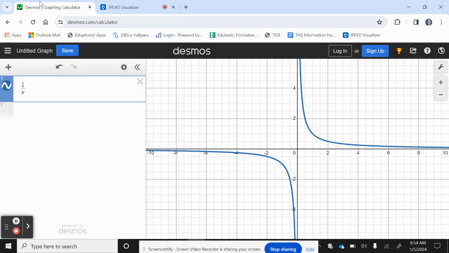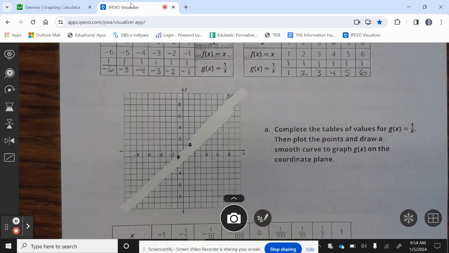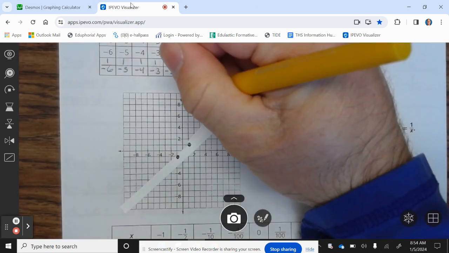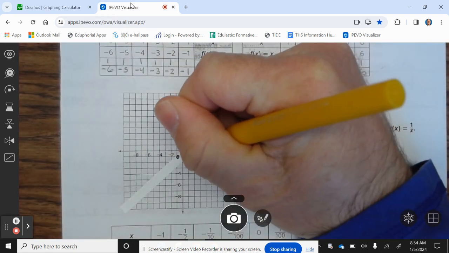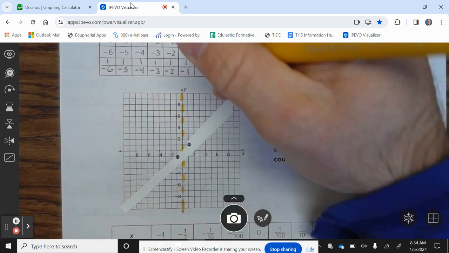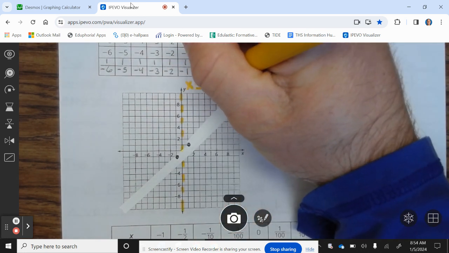Now, you'll see here that it has an asymptote at x equals 0. So it has an asymptote at x equals 0. That means it doesn't cross x equals 0.